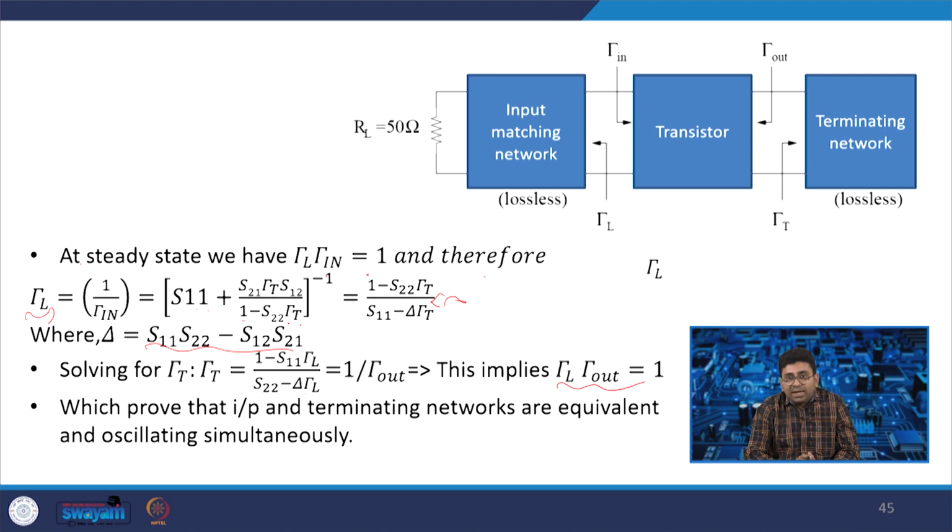That we already have seen. Even gamma L gamma in is equal to 1, same thing, gamma L gamma out should be equal to 1, which proves that input and terminating networks are equivalent and oscillating simultaneously. So, the condition for the input matching network is the same for the terminating network.